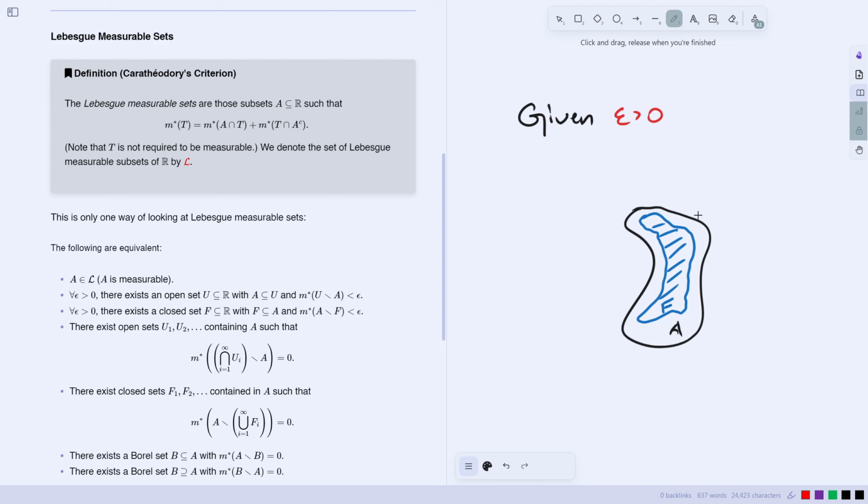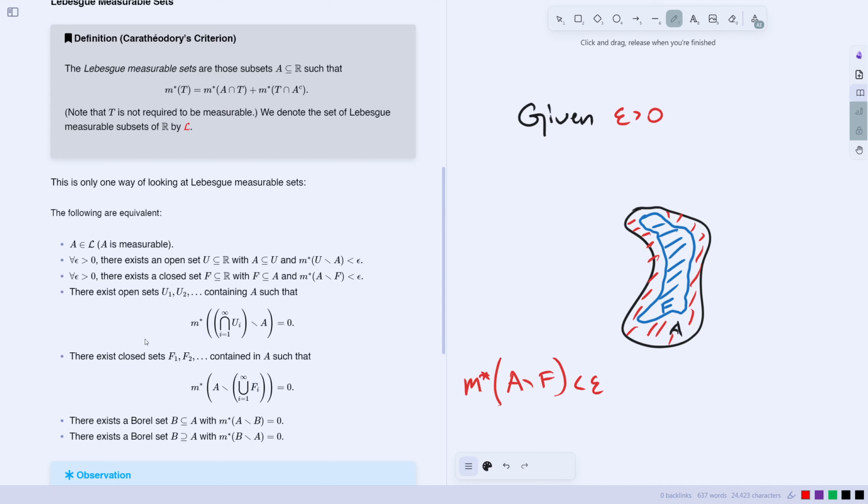So given this F, I'm saying I can find a closed set F such that this area here in red, this error, because F is not the same as A, right? We're missing some stuff. But the total amount of that missing stuff, which is the same as A take away F, the Lebesgue outer measure of that is less than epsilon. That's what that condition is saying.